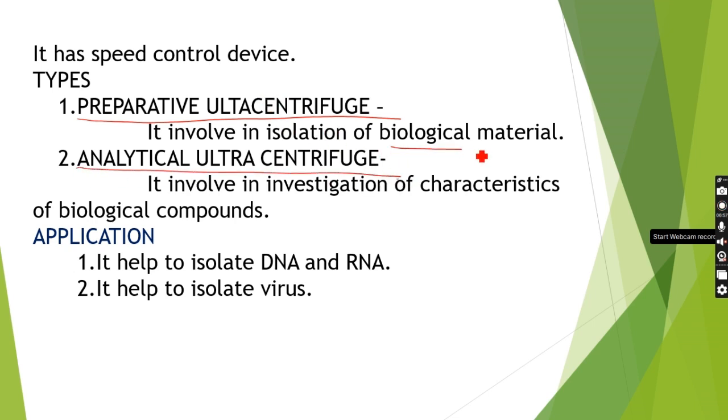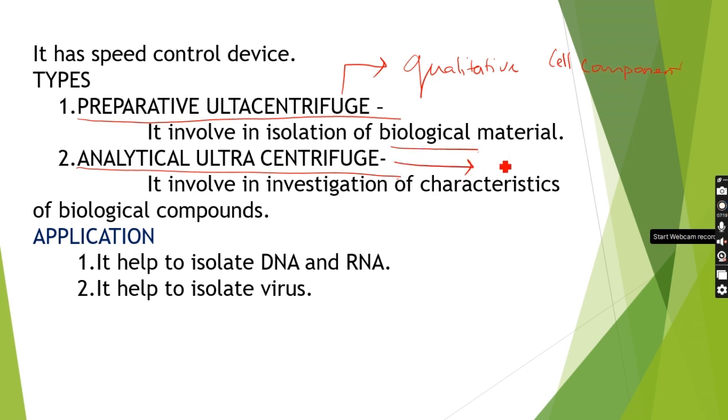The preparative is used for isolation of biological material. The analytical is used for investigation of biological components, because the preparative centrifuge is used at the qualitative level. Different cell components can be isolated by this preparative method.